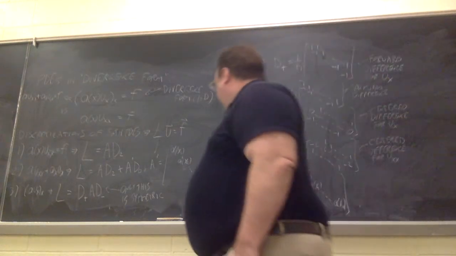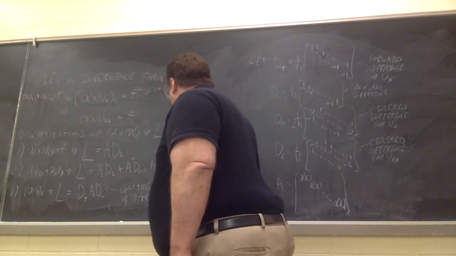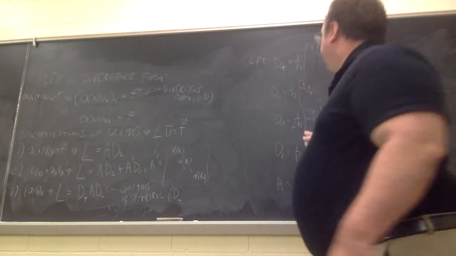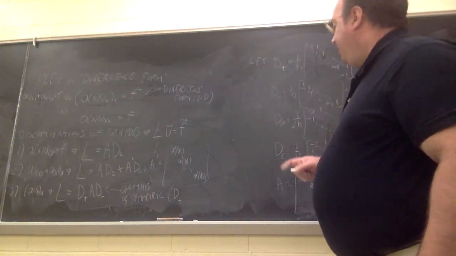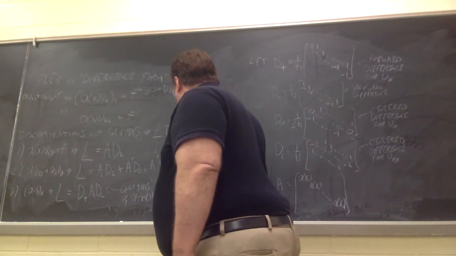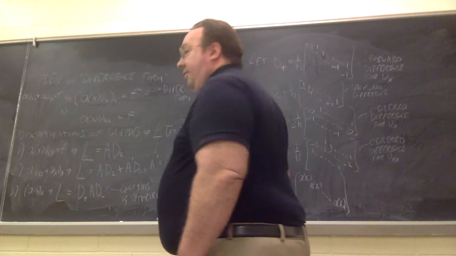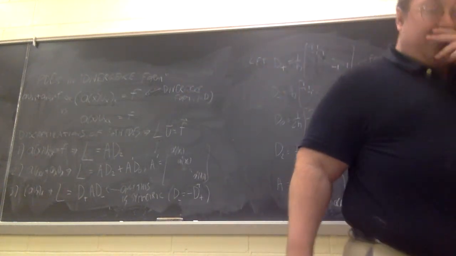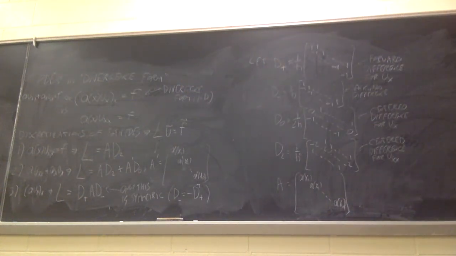In fact, one thing I forgot to mention earlier, and you can see by looking at the matrices, the backward difference is equal to minus the transpose of the forward difference. So that contributes to the whole thing being symmetric.